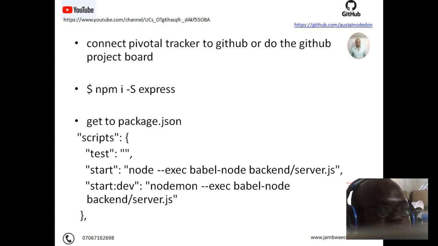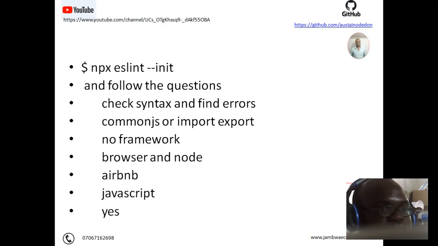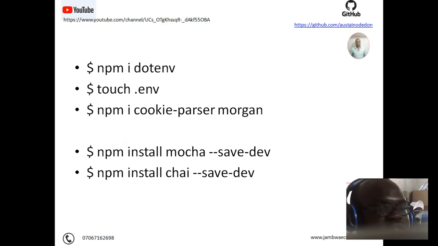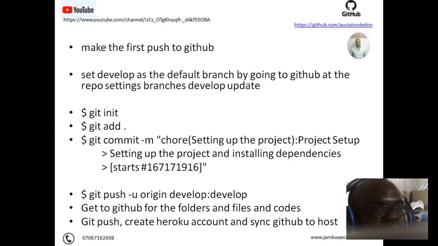then do your basic server.js file, also set up the GitHub project board, then run npx eslint --init that will help you do your ESLint. When you start it, you can take on the various questions that they are going to ask, then upgrade the server.js file, then install some modules that will help you like dotenv, mocha, and chai.